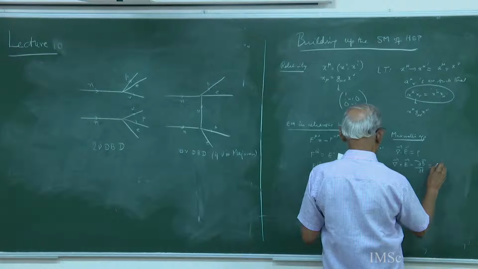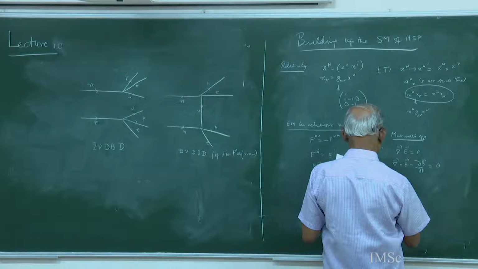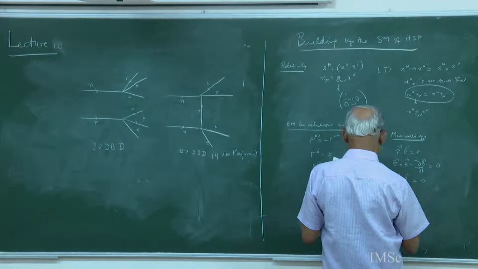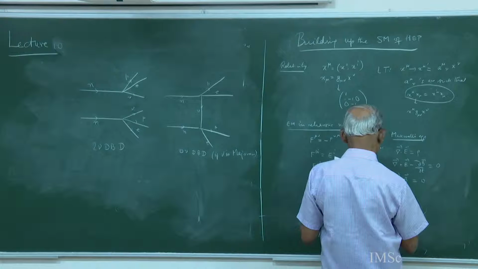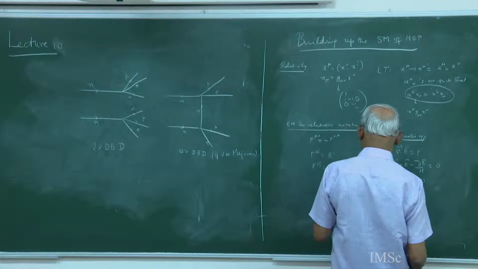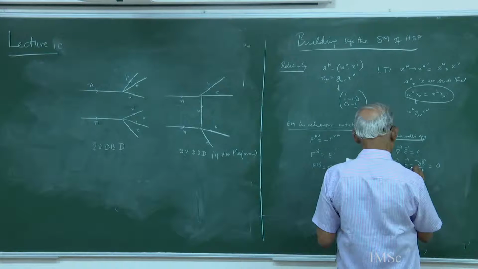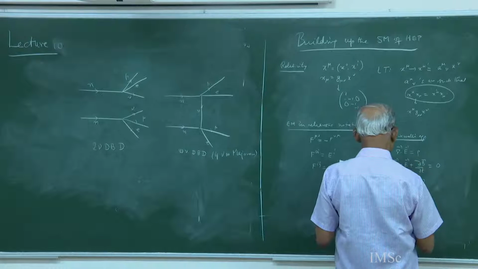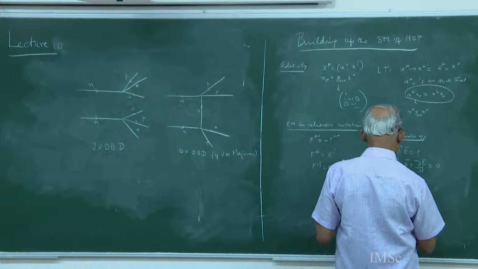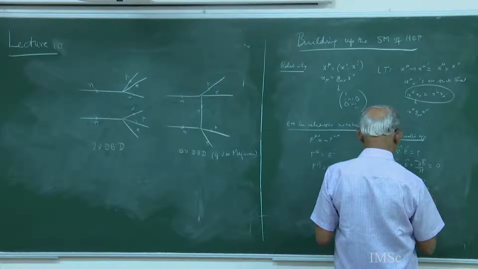Faraday's law of induction and Gauss' law for magnetism and Ampere's law. I think it is the other way. This is plus. Please check all these things. I might have missed the signs. Equal to this, Ampere's law.